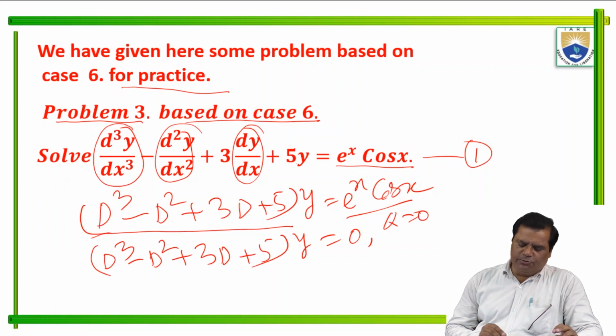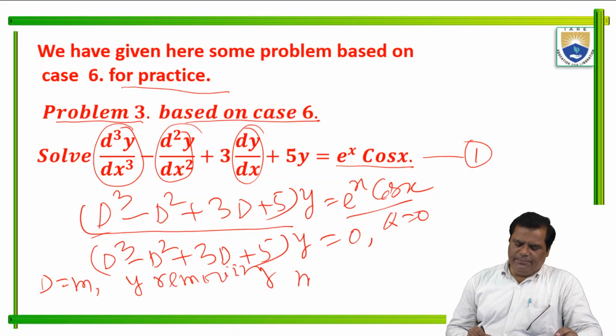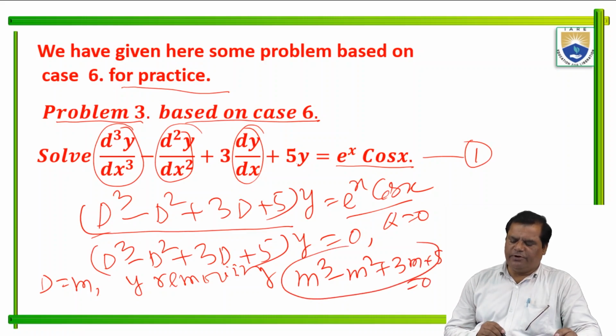Now putting D equal to m and removing y, the result is m cube minus m square plus 3m plus 5 equal to 0. This is the auxiliary equation.